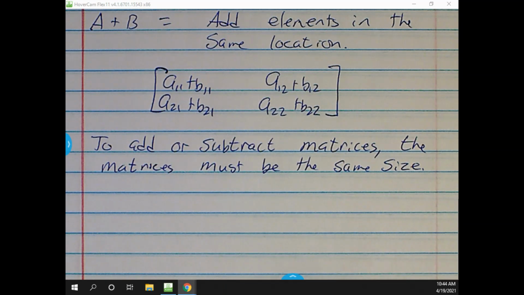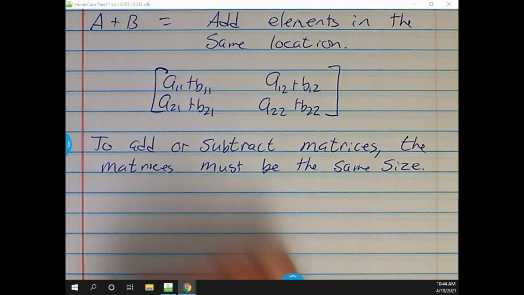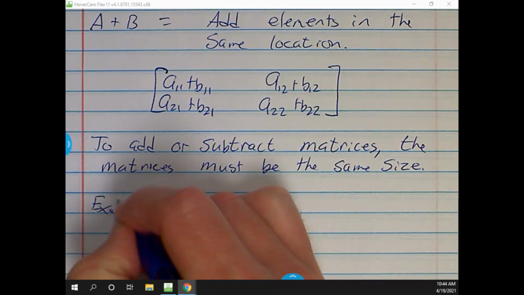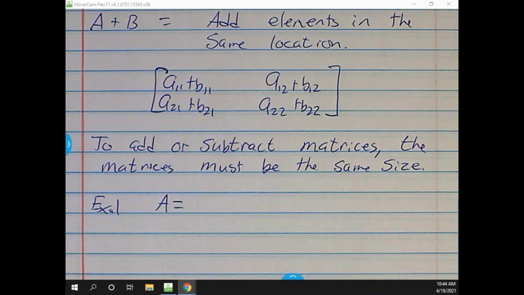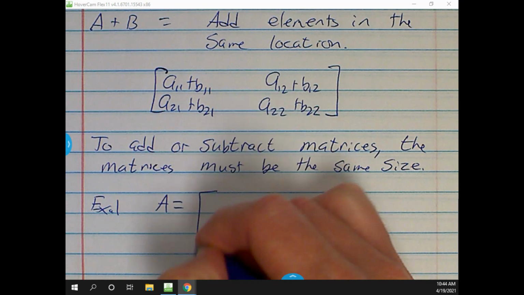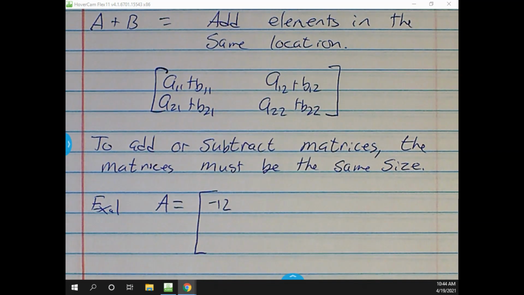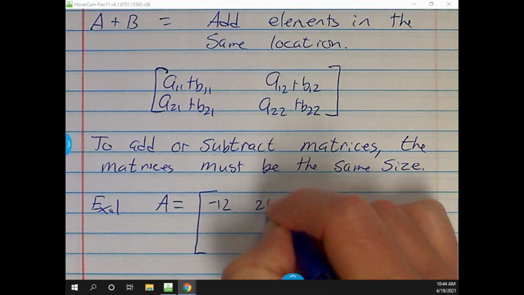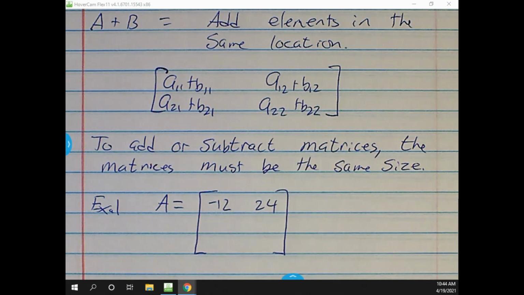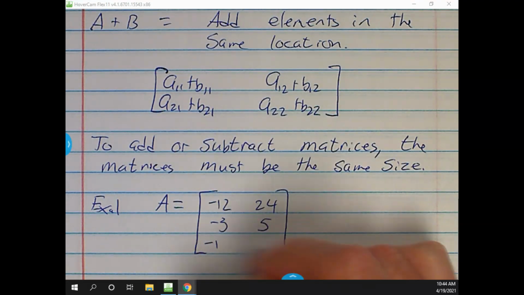All right, let's give you some actual numbers so you can see what's going to happen. Let's say that A is -12, 24, -3, 5, and -110.